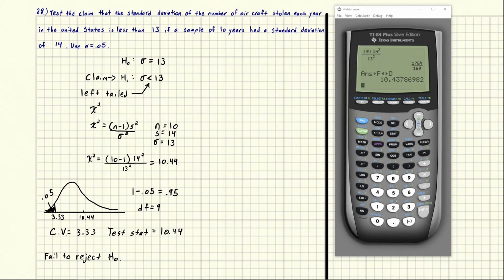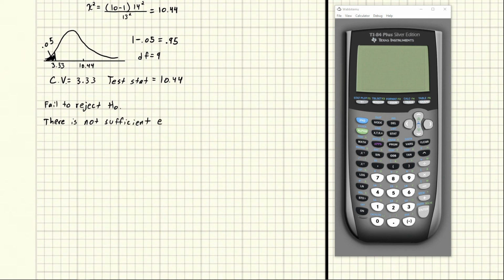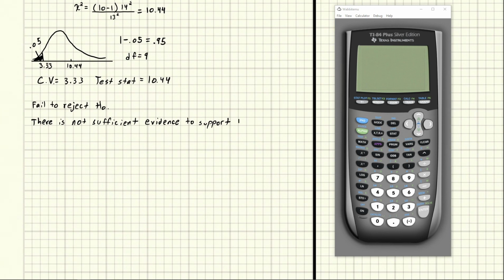So we didn't think the alternative was correct, and the evidence we produced doesn't support it. So what we would say is, there is not sufficient evidence to support the claim.